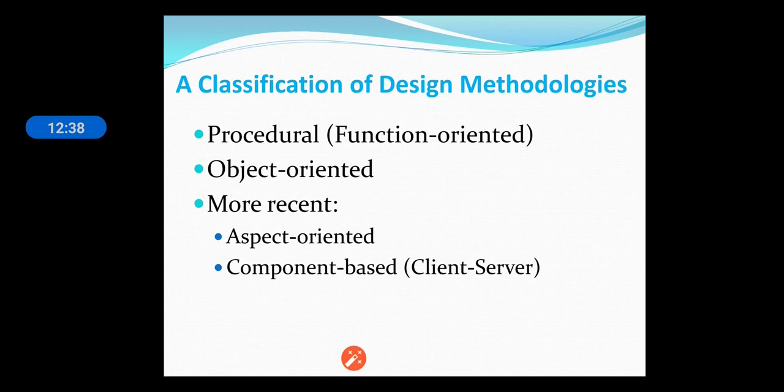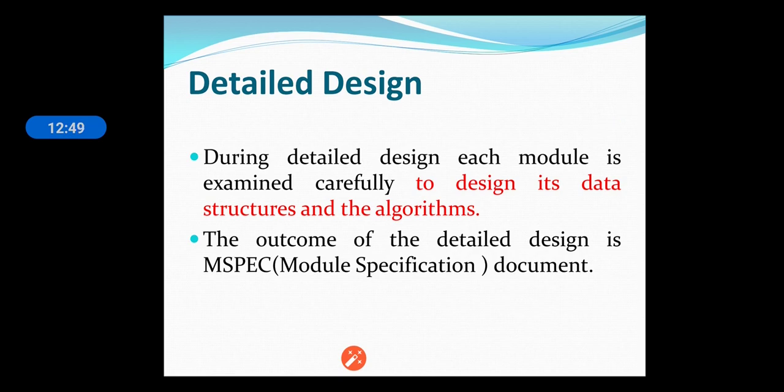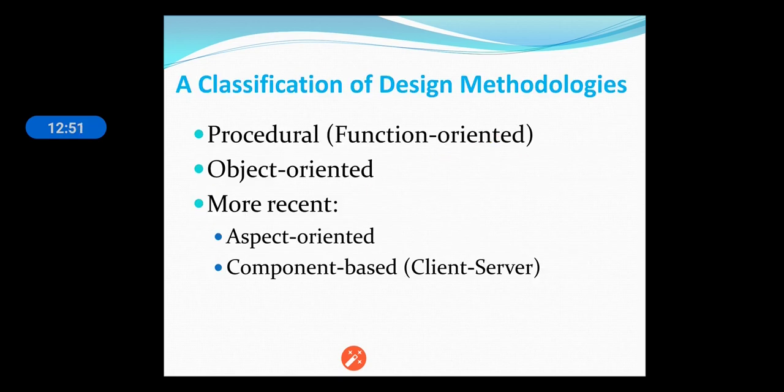Next, coming to the classification of design methodologies. Generally the design methodologies are classified into 2 types. The first one is procedural oriented or functional oriented. Whenever your design methodology is functional oriented, we go with the structure charts, and the second one is object oriented.